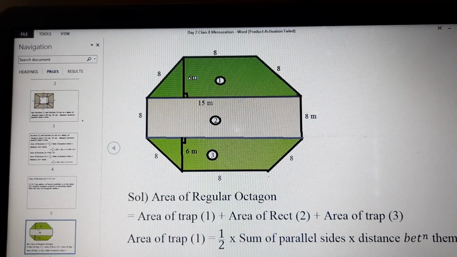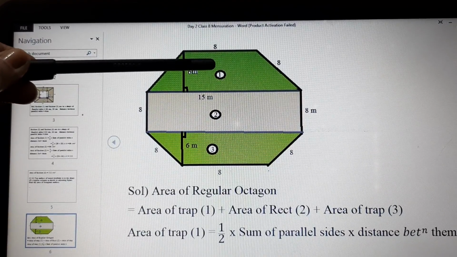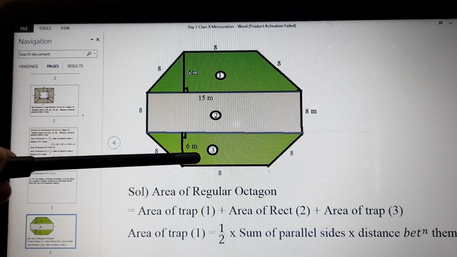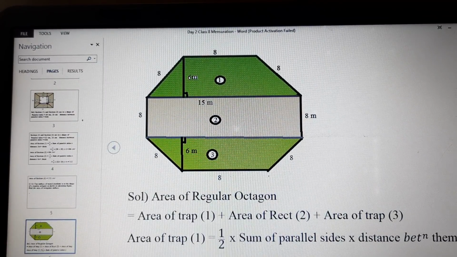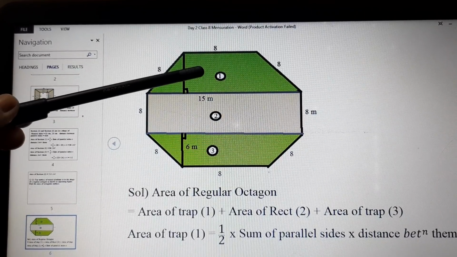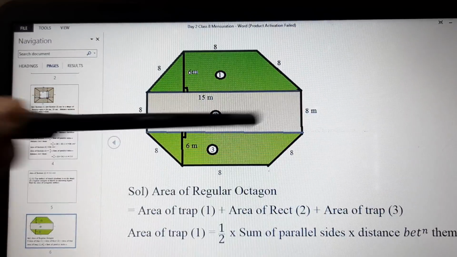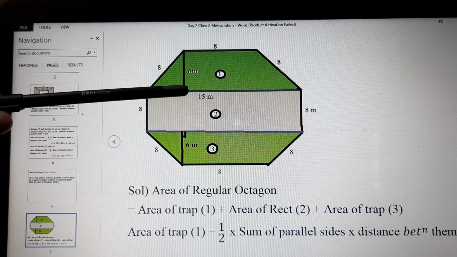We have 3 sections in this octagonal surface. Section number 1 is a trapezium, section number 2 is a rectangle, and section number 3 is again a trapezium. Section 1 is a trapezium which has parallel sides 8 and 15, and the distance between them is 6 meter.